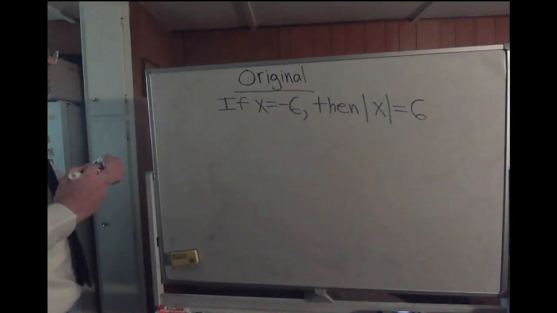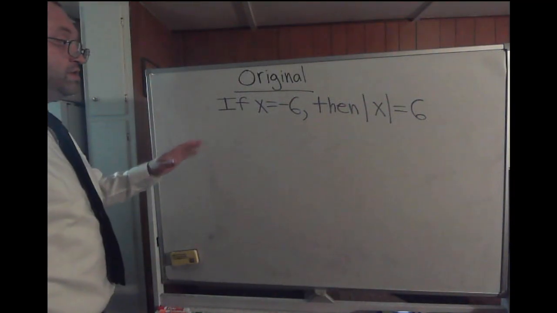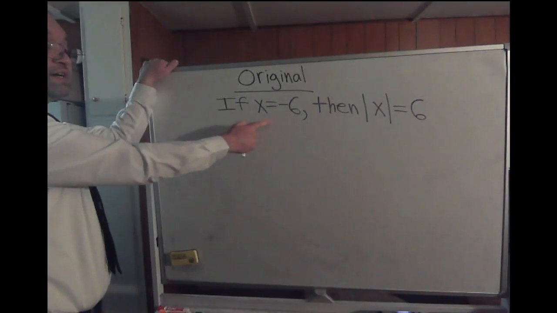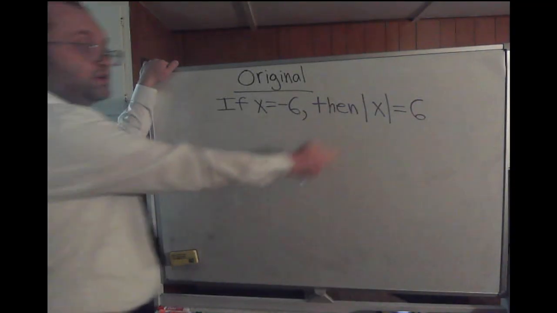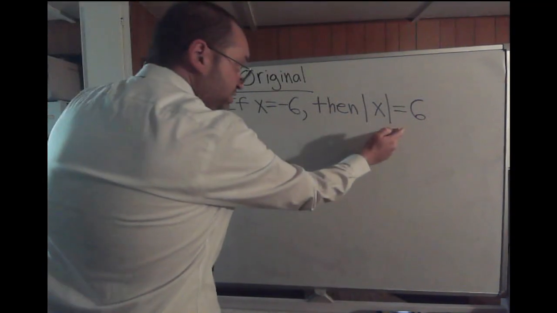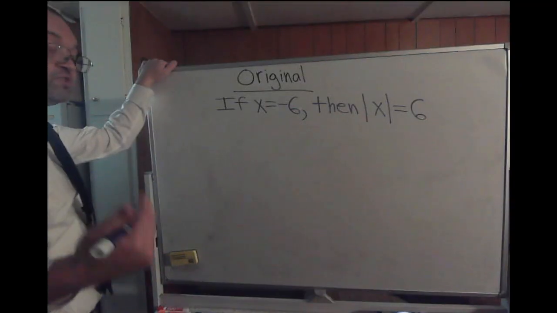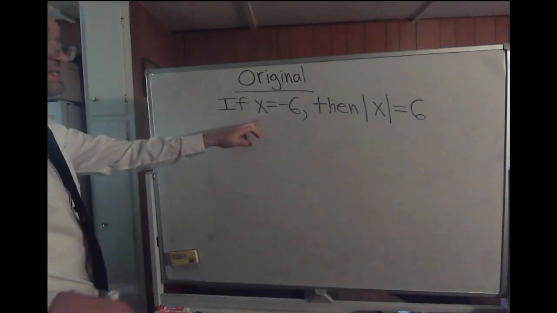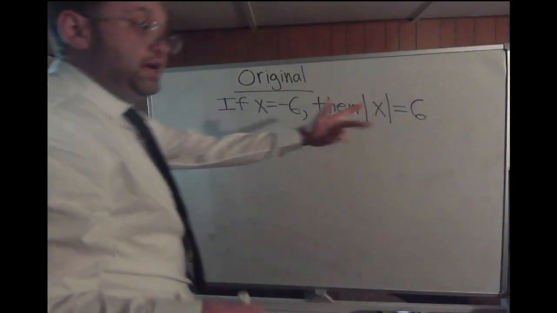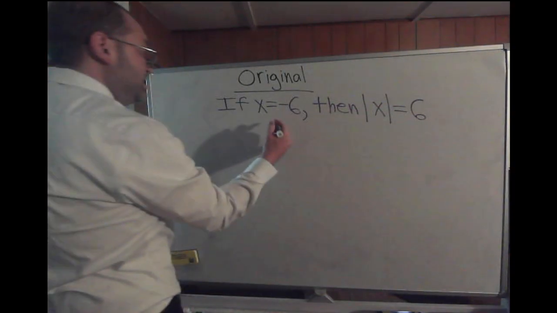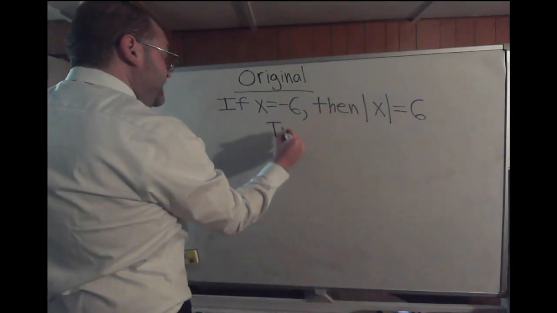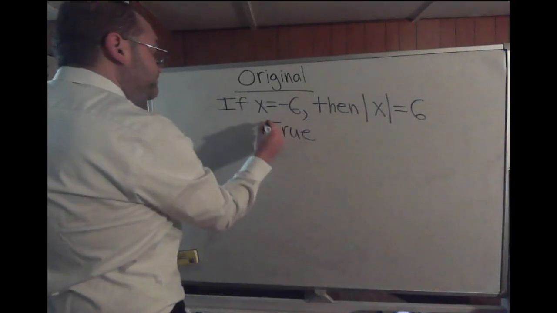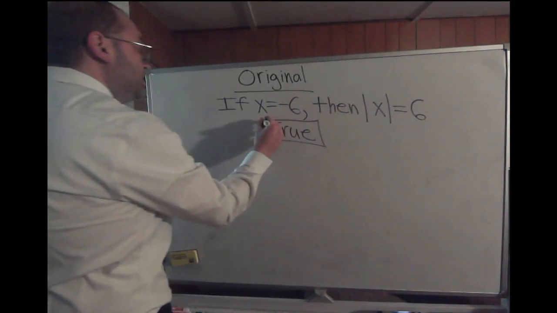So we have the hypothesis that if x equals -6, then the conclusion is that the absolute value of x equals 6. Is this a true or false statement? Well, that would be true. If x equals -6, the absolute value of -6 is 6. So the original is absolutely true.